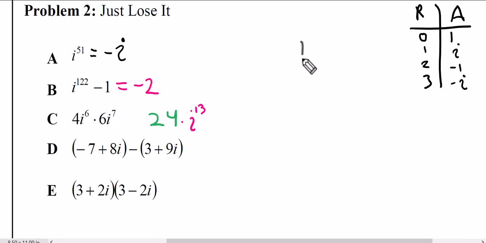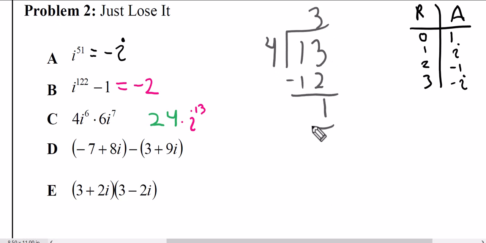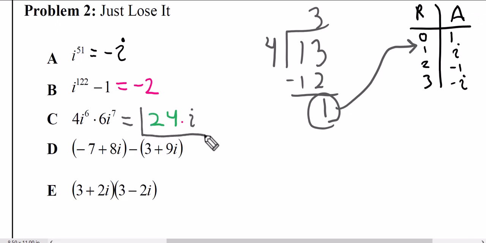Well, we can do this quickly. Divided by 4, I get a remainder of 1. If I have a remainder of 1, then it's just going to be an i. So I can replace this entire thing and just put i. So this is equal to 24i.